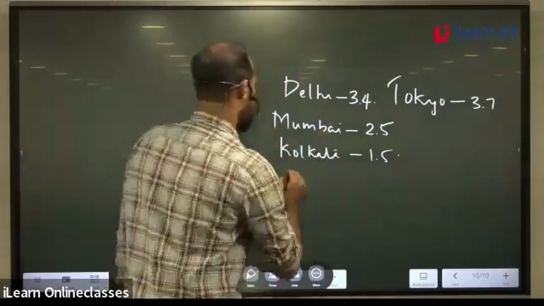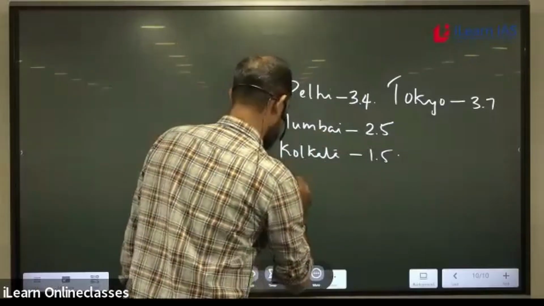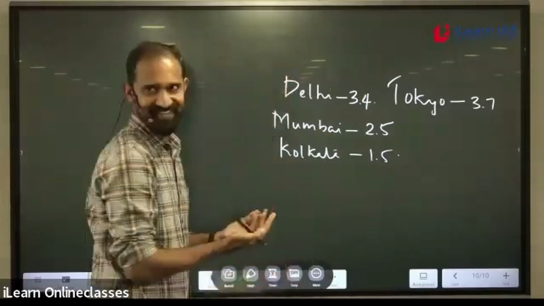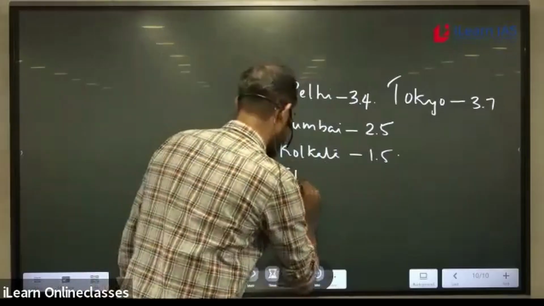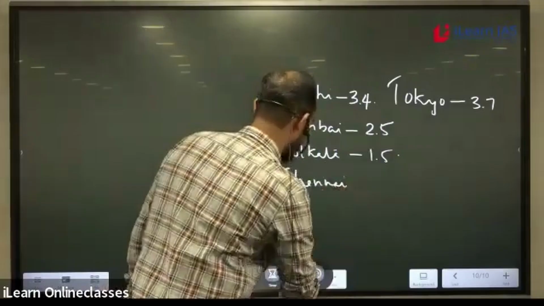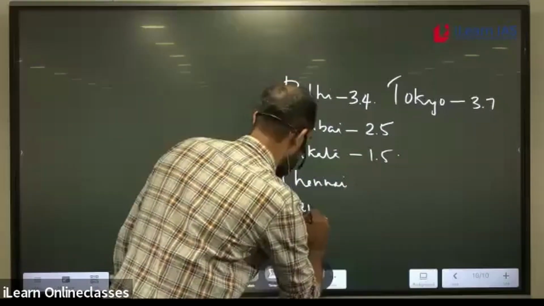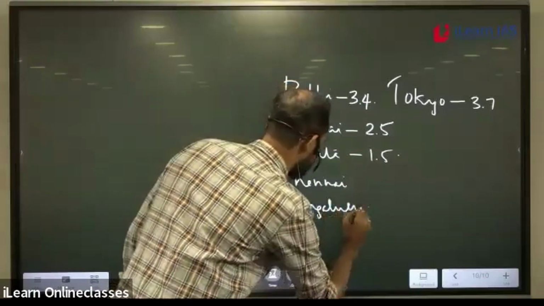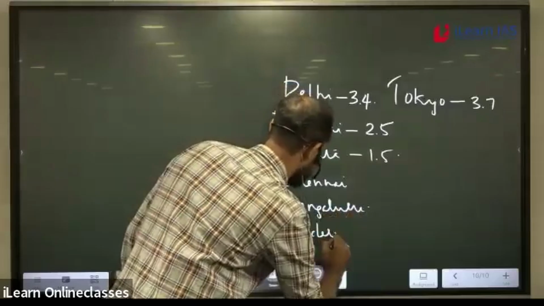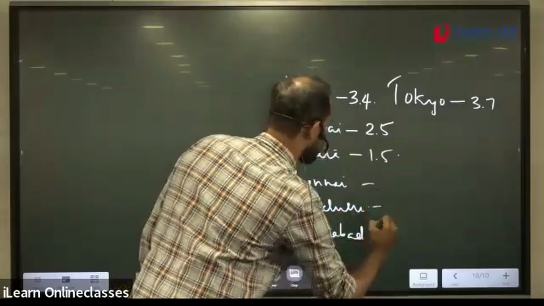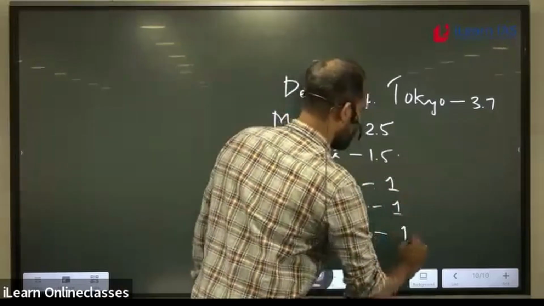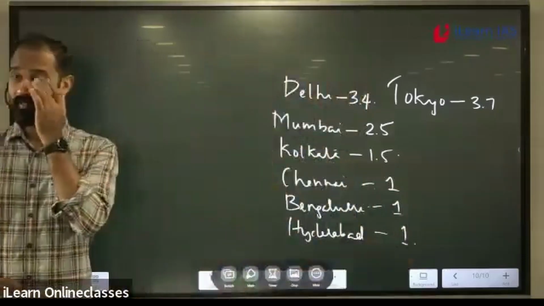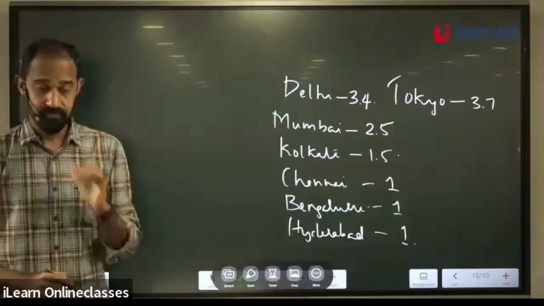Then you have the cities, and for historical justice, I am keeping Chennai as the fourth largest city, but it may not be the case. Chennai, Bengaluru, and Hyderabad. Almost all of them have almost 1 crore population. So this is the case of India.